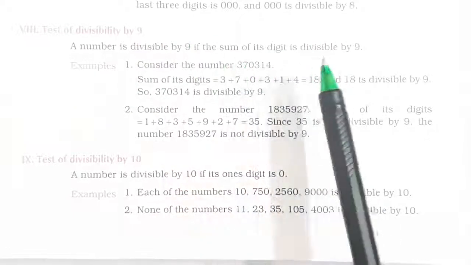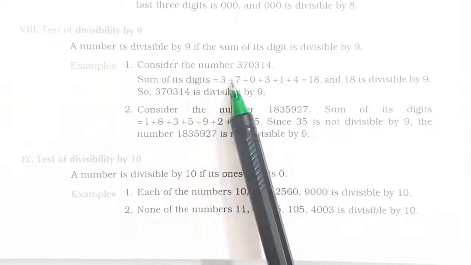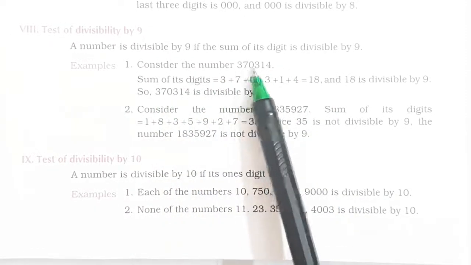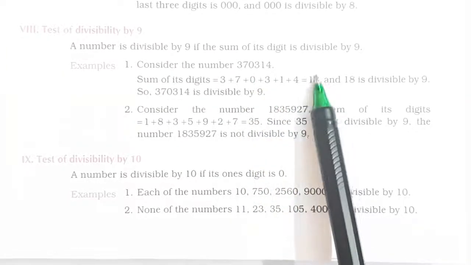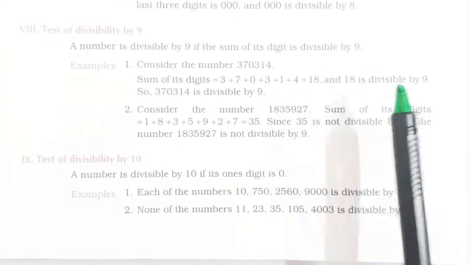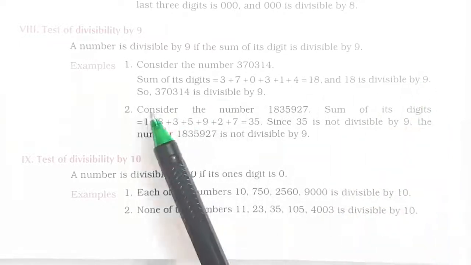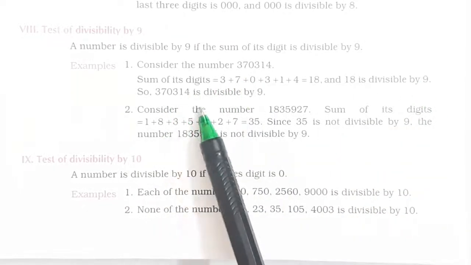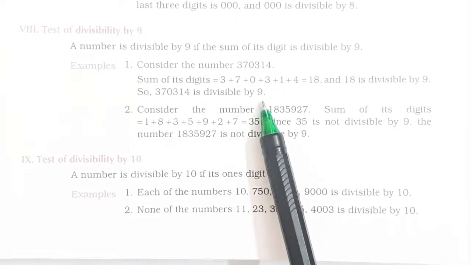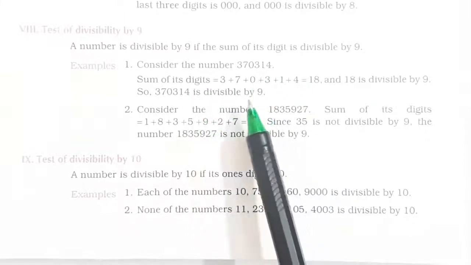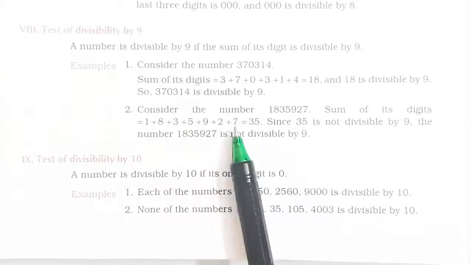Now here also let us consider an example, and the sum of the digits in this is 18. Now students, 18 is divisible by 9, so the given number is also divisible by 9. I hope it is clear. We follow the same steps as we have done in the divisibility test of 3.